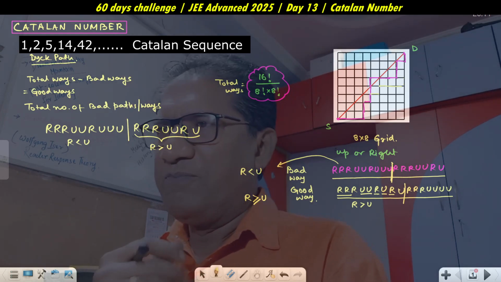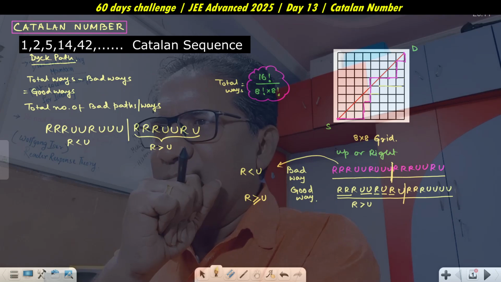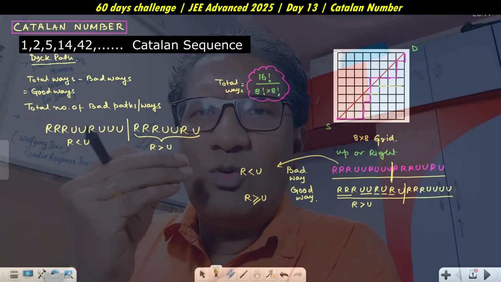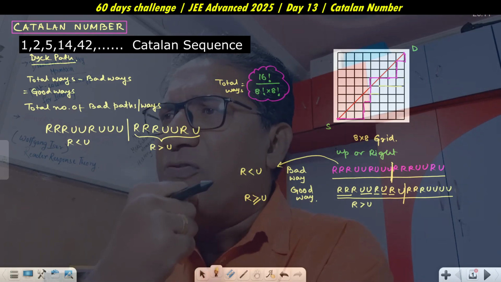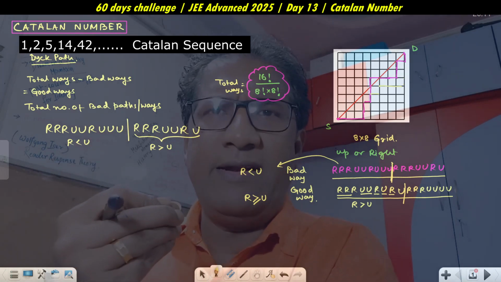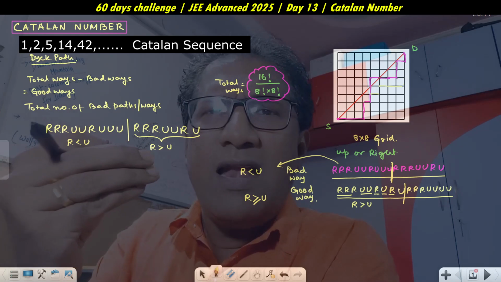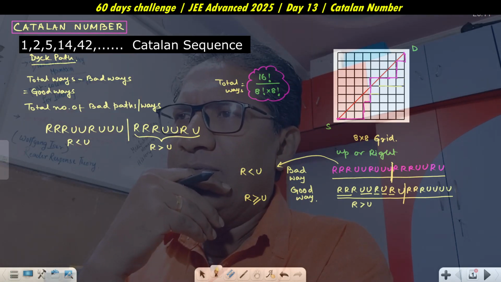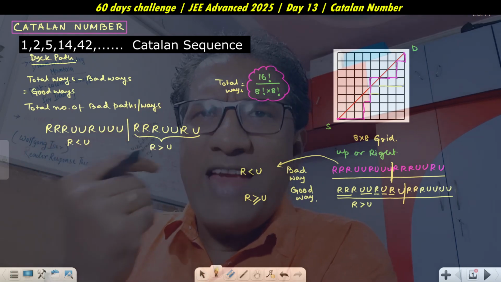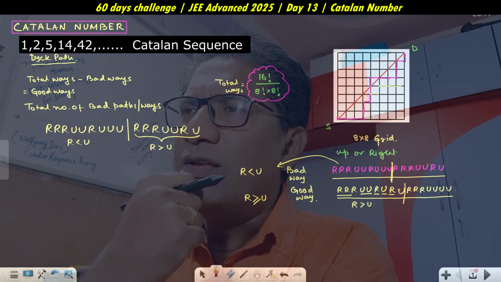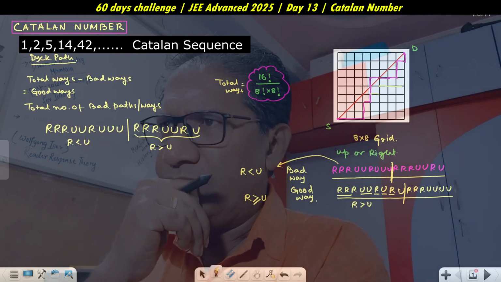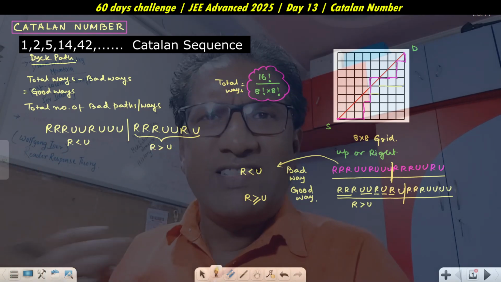Okay. Now the big question is, sir, how will I find out the bad ways? How will I find at which point the person is crossing the fence or the diagonal? The one best way to see is the point where R is less than U. But there can be many cases.